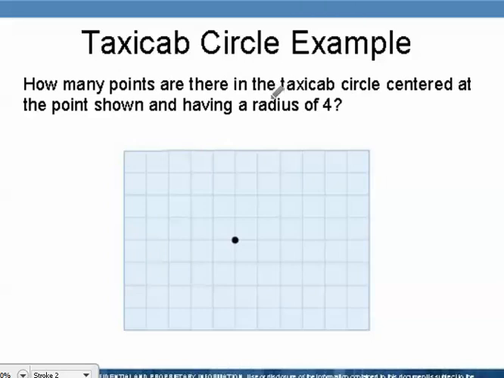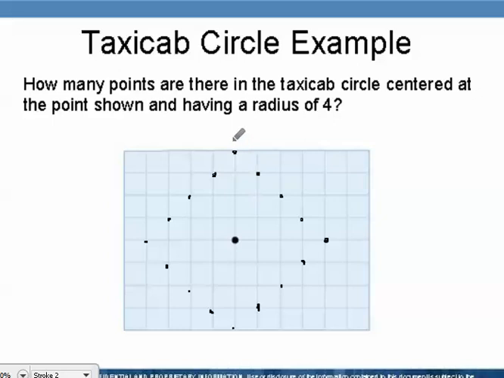Okay, so how many points are there in the taxicab circle centered at this point with a radius of 4? Let's count up 4: 1, 2, 3, 4. 4 would put me right there. And so it'd be there, and there, and there, and so on around the circle.